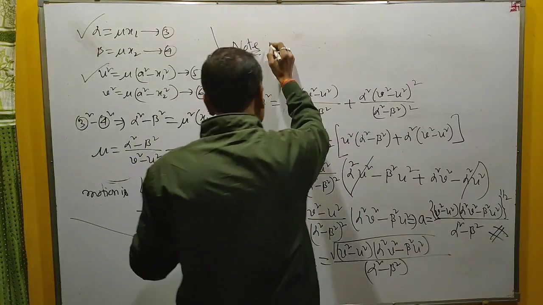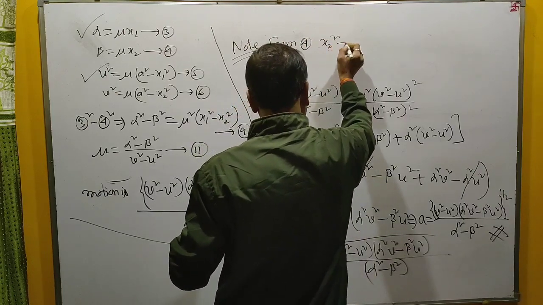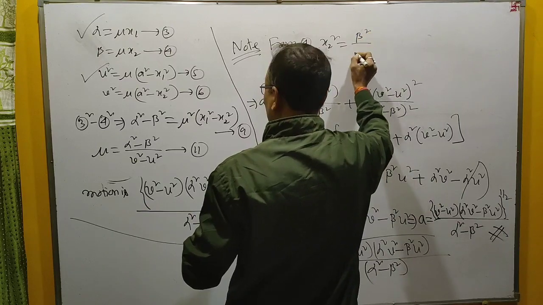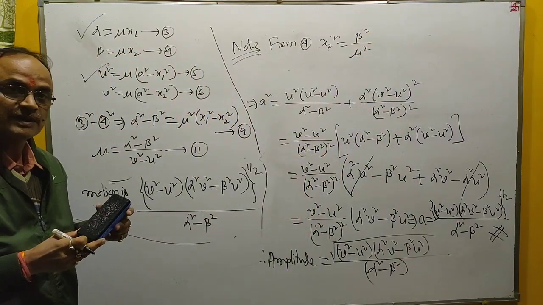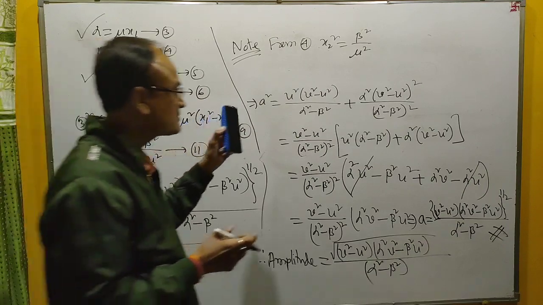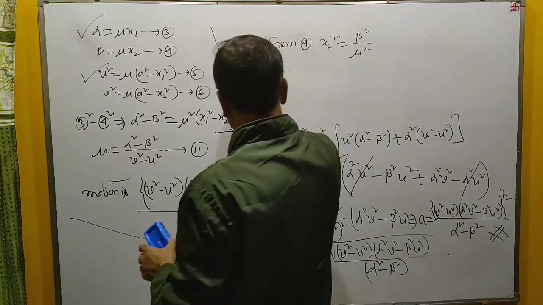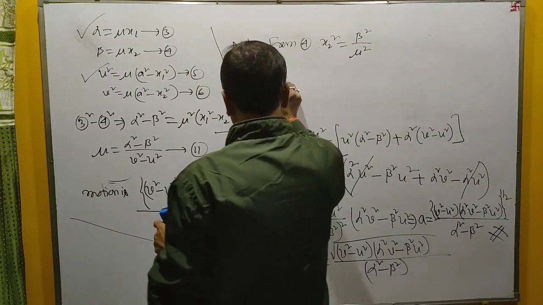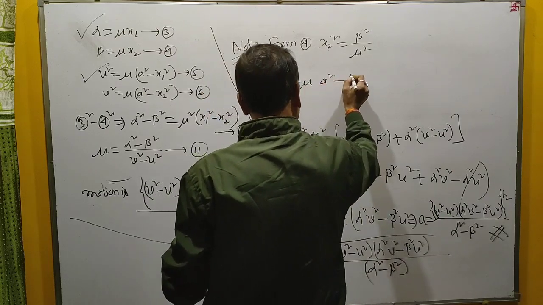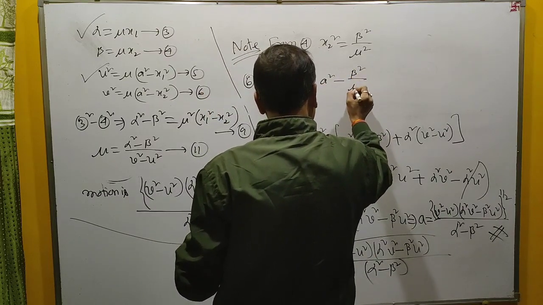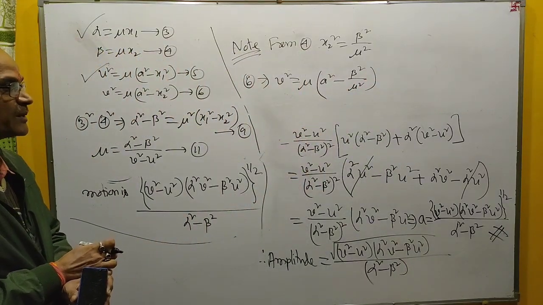From 4, x2 square is equal to beta square divided by mu square. From 6 you will get v square equal to mu x square minus beta square by mu square, you may write like this.